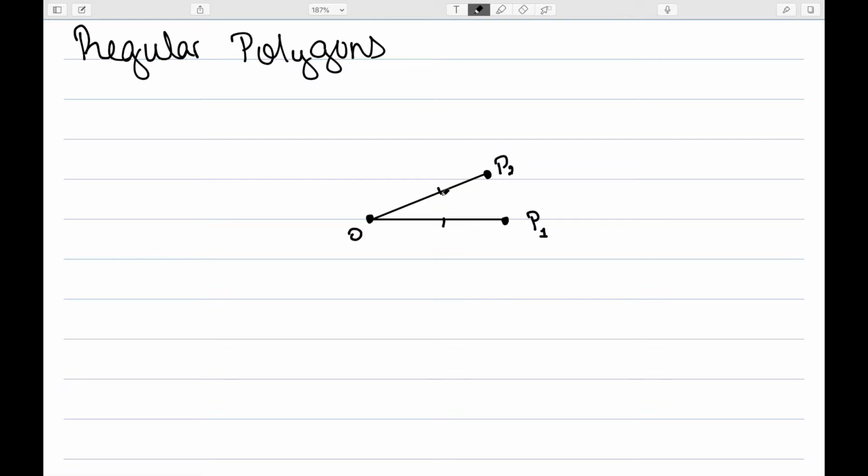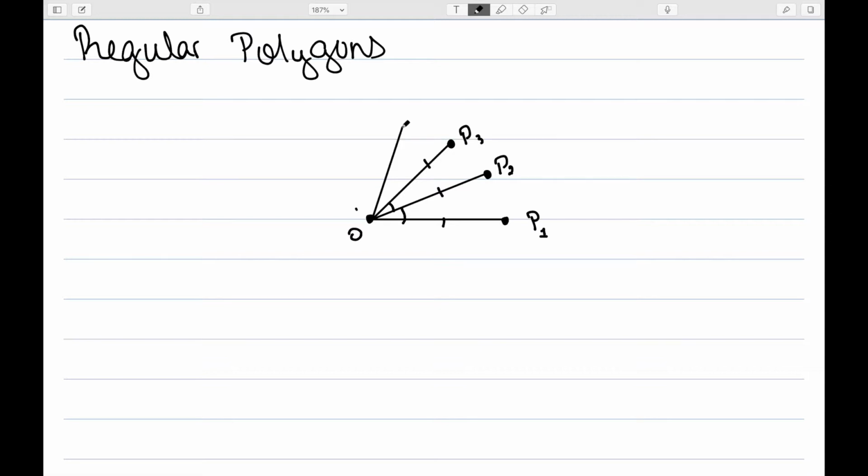So these two are congruent. We do another point P3 such that not only do I need this side length to be congruent to the other two, I need the angles to match as well. So these angles will be the same.